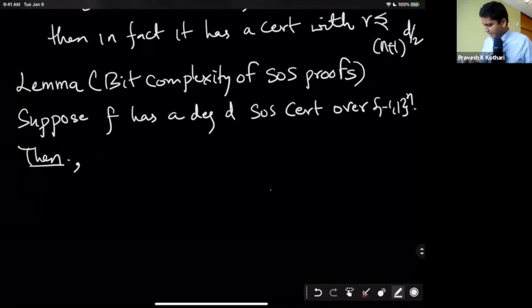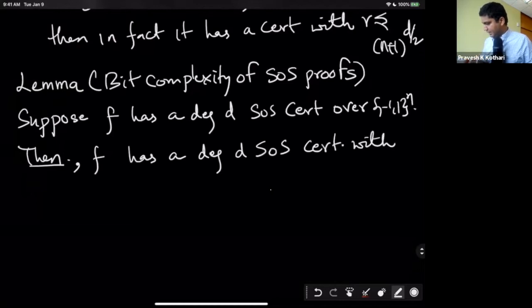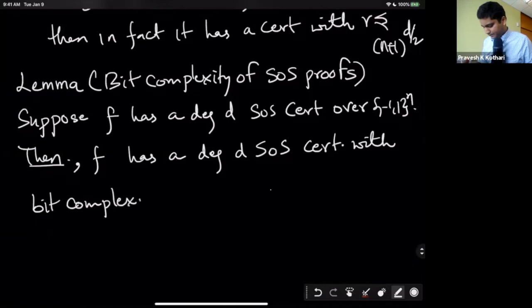I think I can prove that F has a degree D SOS certificate with bit complexity polynomial in n to the D.